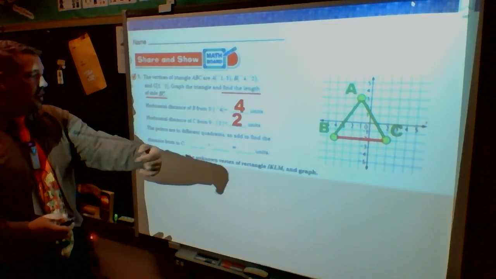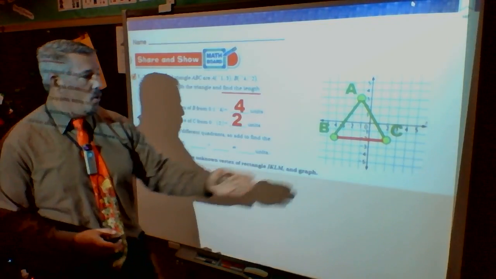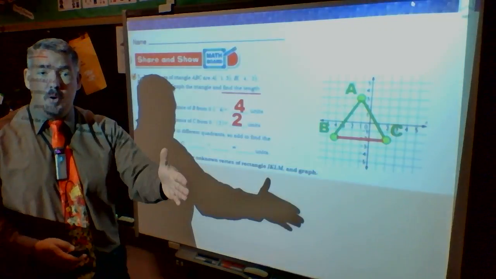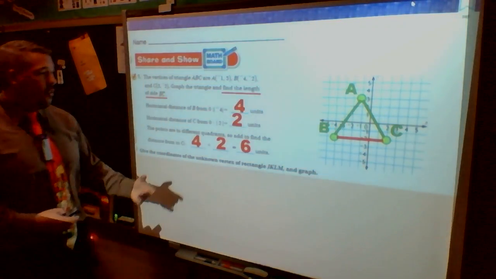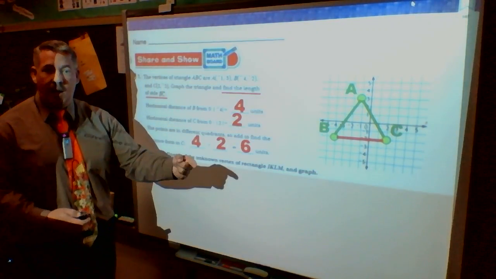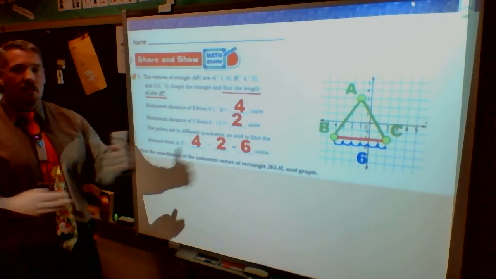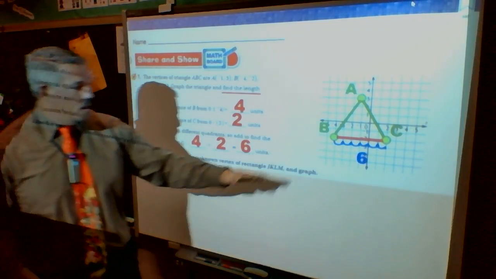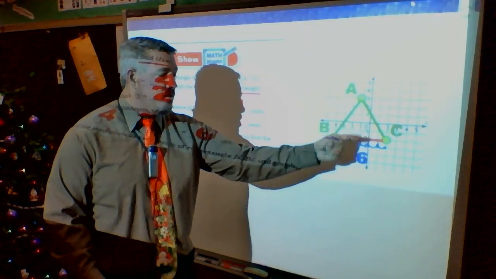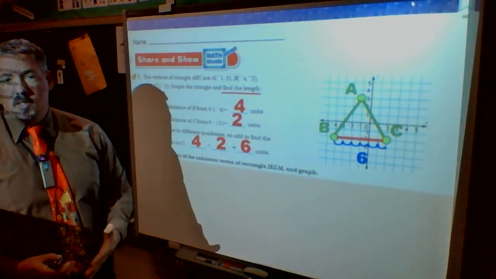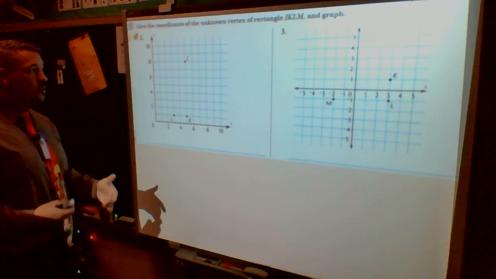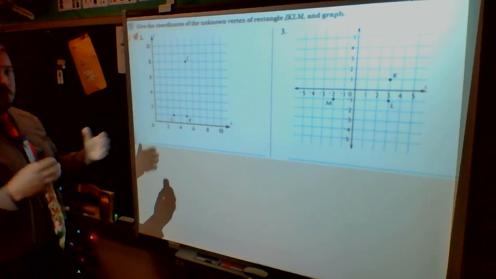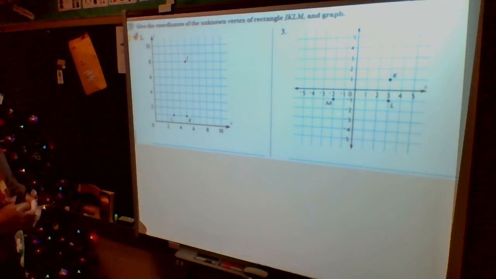Going forward to C, my absolute value from the point of origin to 2 is 2. So when I put those together, I know that 4 plus 2 is 6. Or I can just simply count the units. From here to here, I have 6 boxes, so my units is 6. A little easier than trying to figure out what the absolute value of everything is.